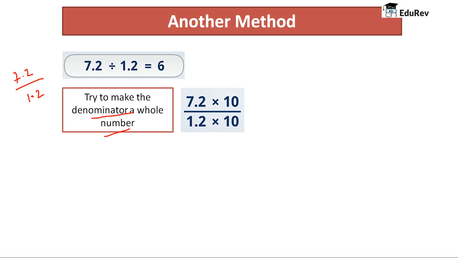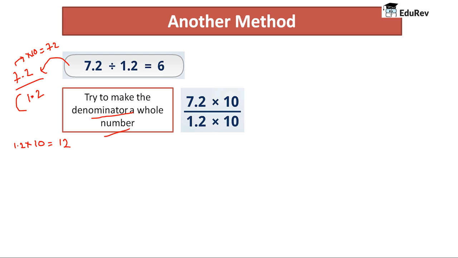We will write it as a fraction first, and then we will try to make this denominator a whole number. Now how can we make this denominator a whole number? If we multiply 1.2 by 10, we will get 12. Also, if we multiply 7.2 by 10, we will get 72.